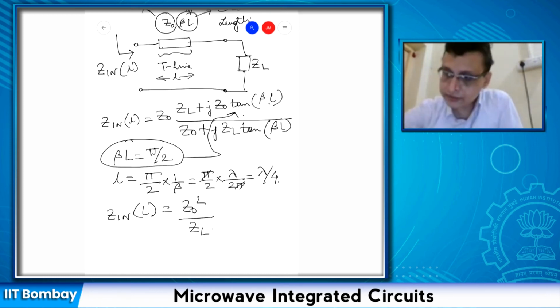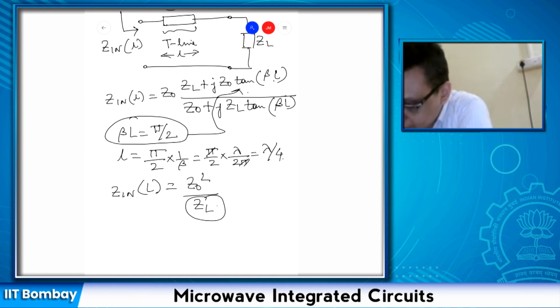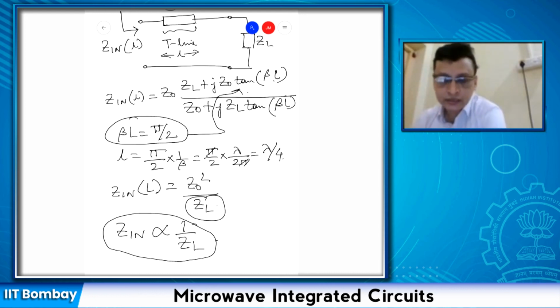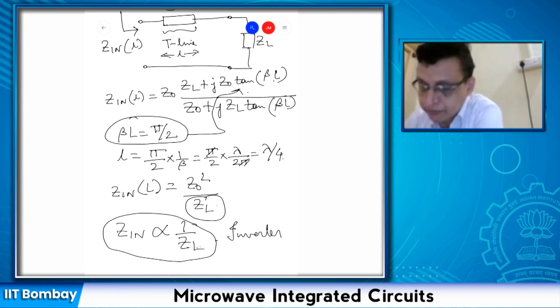So Z0 is always real, and if ZL is resistive, then Zin is also resistive, and Zin is proportional to 1 by ZL. That's why this quarter wave transformer is also called an inverter, because it inverts the load impedance.